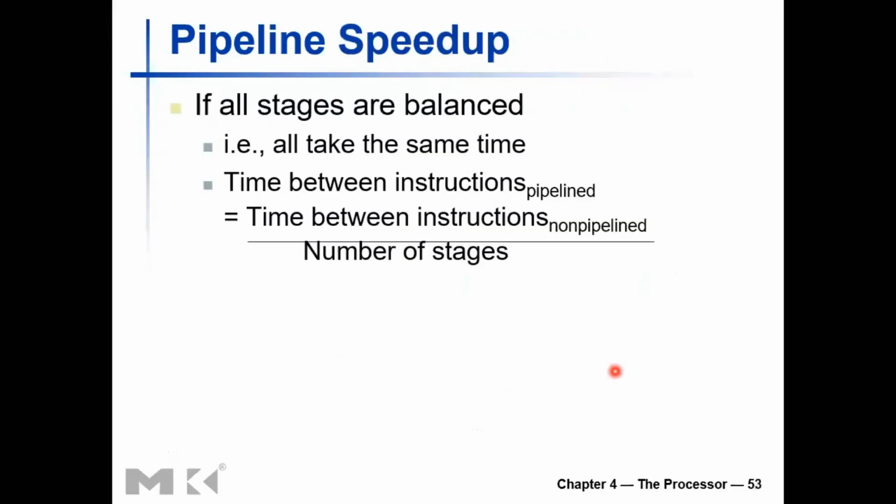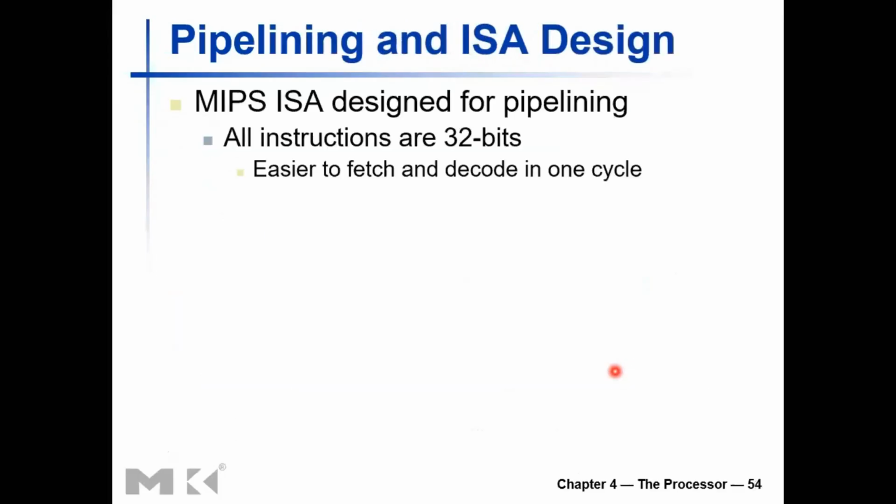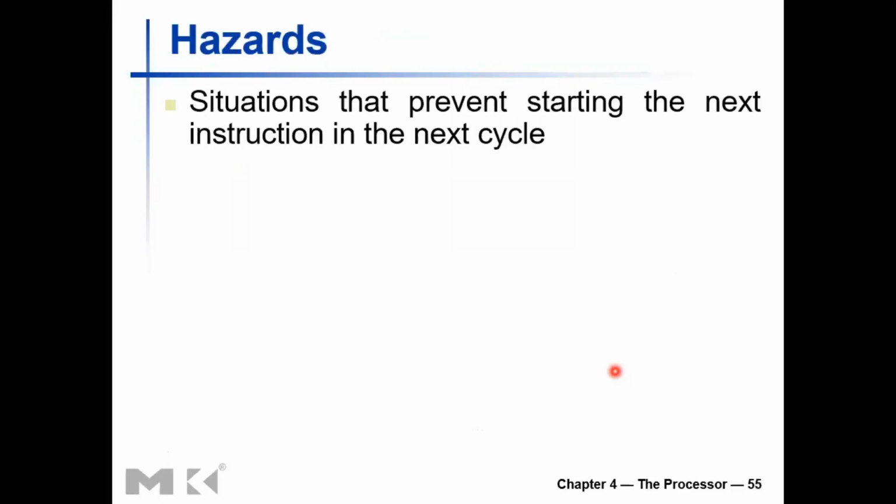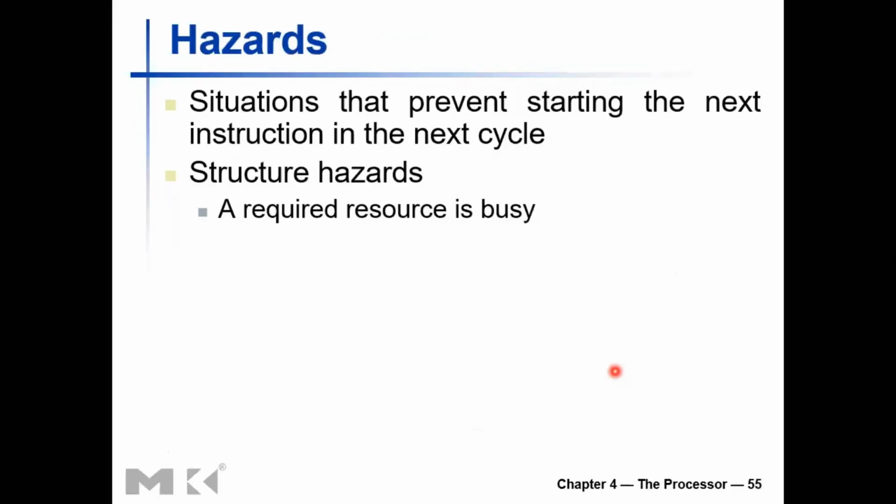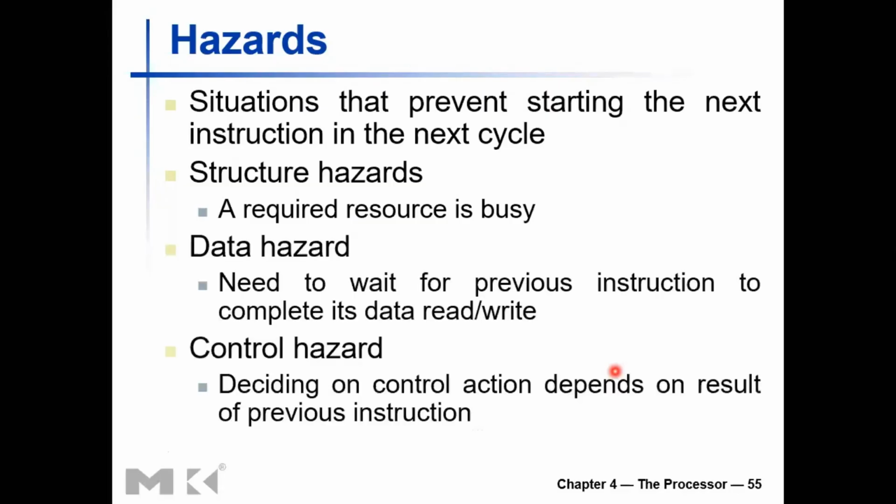And then we talked about different hazards that we have when we introduced this concept of pipelining. We saw 3 different types of hazards: structure hazards, data hazards, and control hazards.